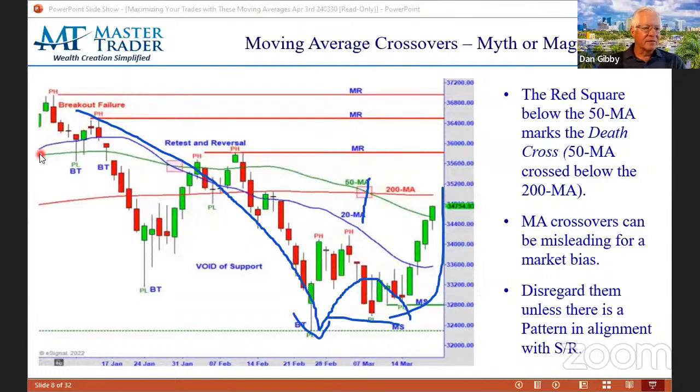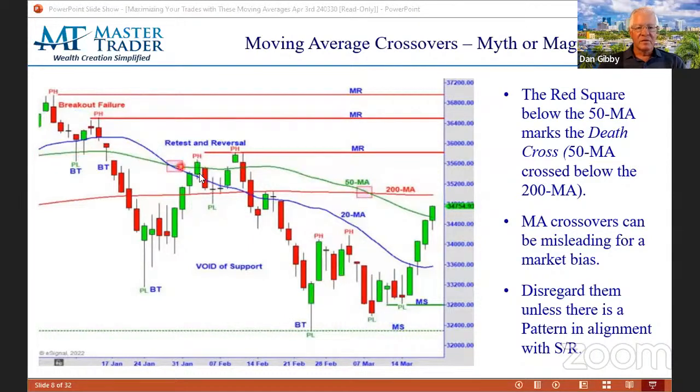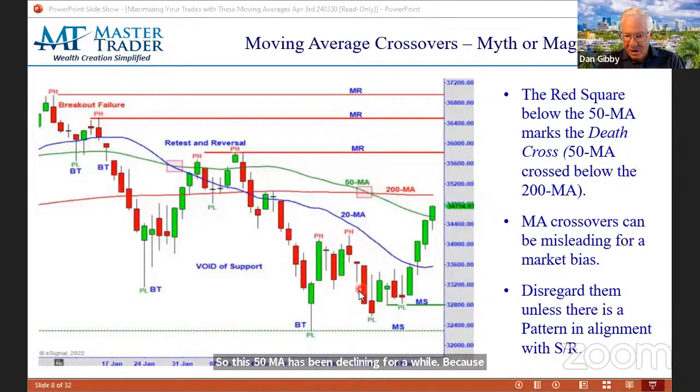Let's look at the chart way up here. This 50 MA has been declining for a while, and now we're far from the 50. You look at the chart and that started building a bullish retest pattern. The absolute worst time to get in, this would have got you in at the low.